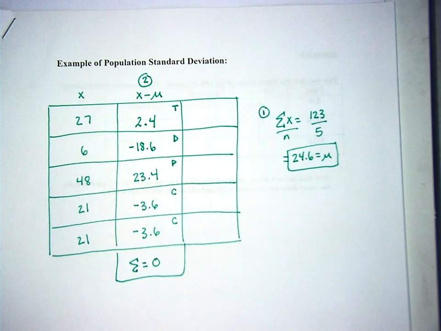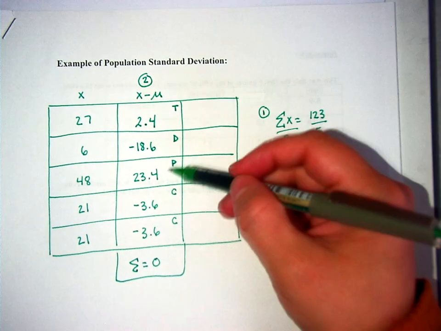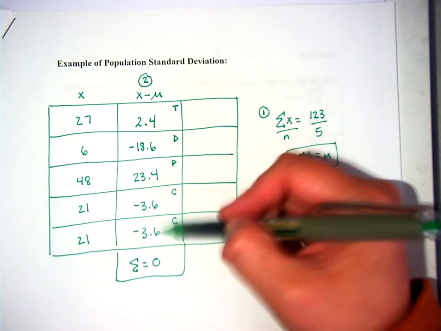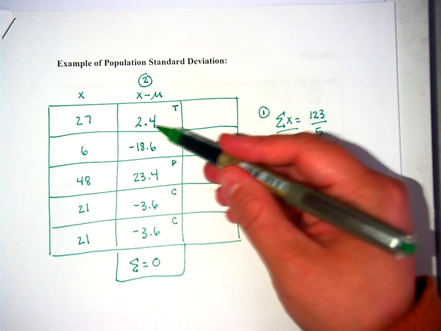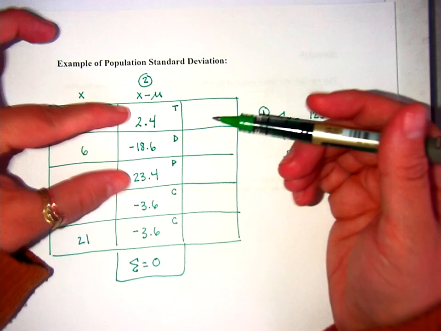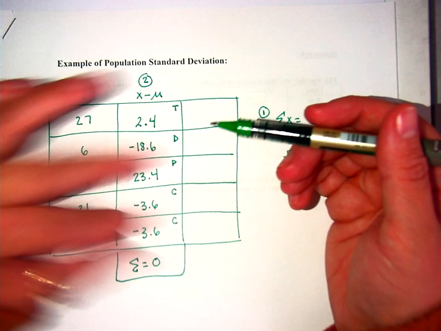Do you think it would always be 0? It would always be exactly 0, and that's because some of them are below, some of them are above. They average out, right? That's what the mean is. The mean is right in the middle. Even though there are 3 that are negative and 2 that are positive, do you see that the 2 that are positive are big enough that they are weighing equal to the 3 that are negative together?